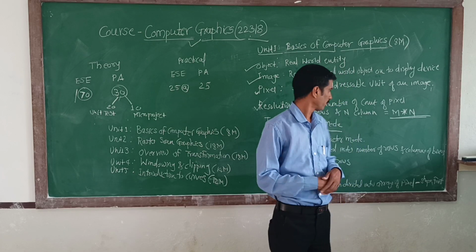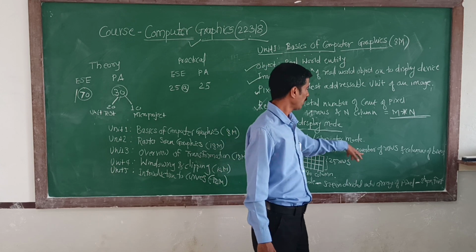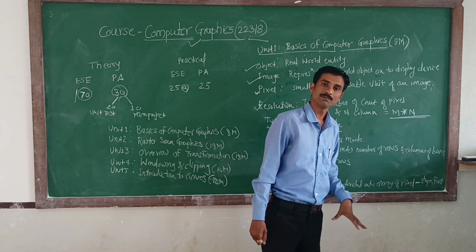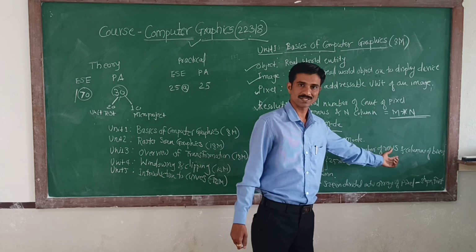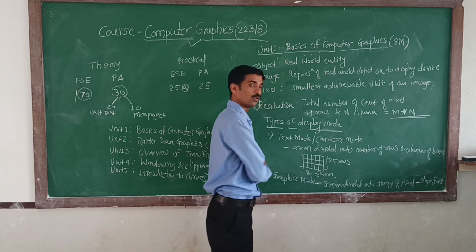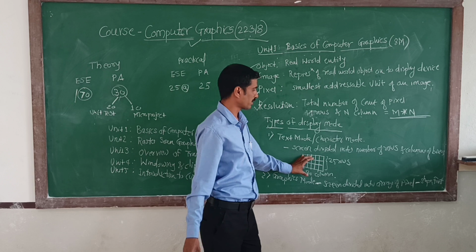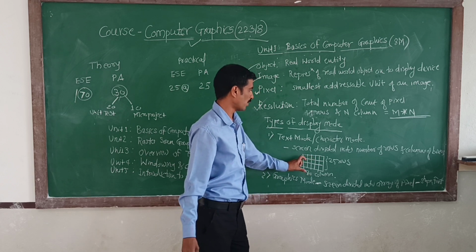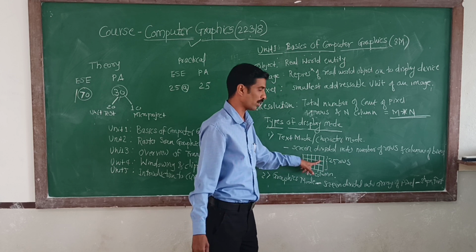In this, the screen is divided into number of rows and columns of boxes like this. Here you can see the diagram of text mode, and this screen is divided into 25 rows and 80 columns.